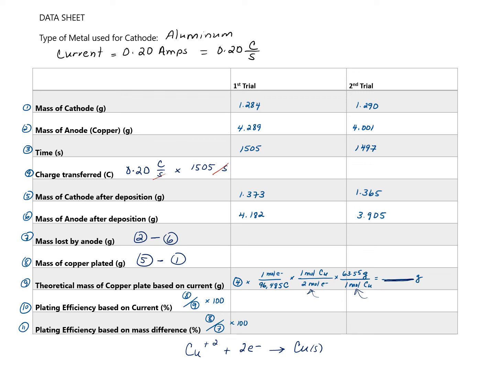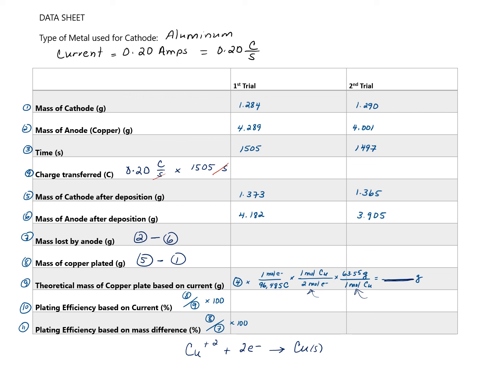For this one, we're also using the mass of copper plated, and now we're dividing that number by what you have in number 7, the mass lost by the anode. The mass lost by the anode is the amount of copper that is being transferred. So you should expect your theoretical value, the amount you're expecting to plate, to be the same as the mass of copper plated.